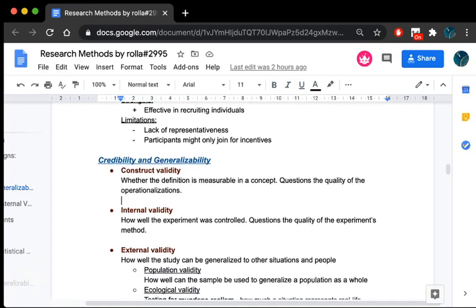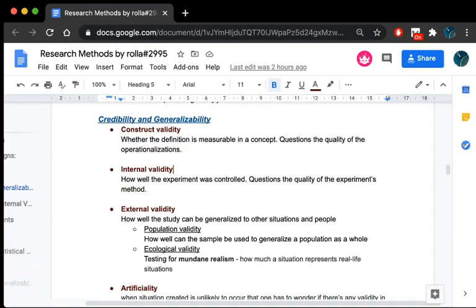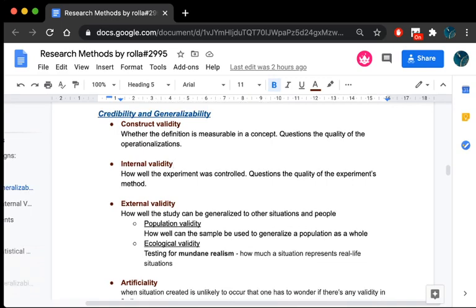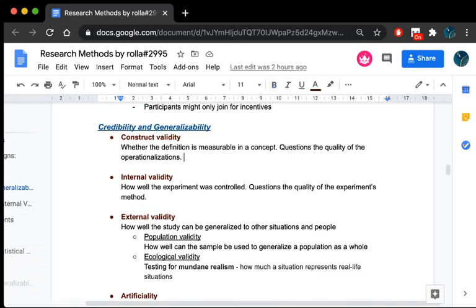Next up, we have credibility and generalizability. So we have construct validity, which is whether the definition is measurable, and it also asks whether the operationalization has good quality, aka does the behavior measure represent the concept they want to explore well.